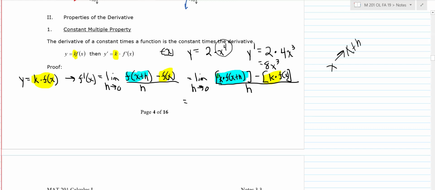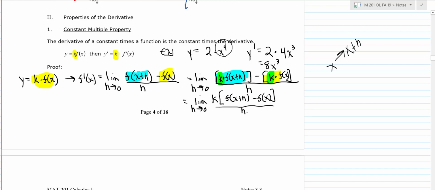Now the next thing is k is a factor. Just algebra, you can pull that k out, so you would get the limit as h goes to 0 of k times f of x plus h minus f of x all over h. Now remember all those great limit properties we learned?